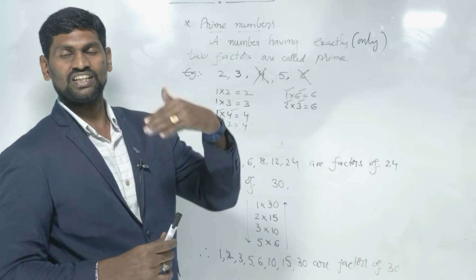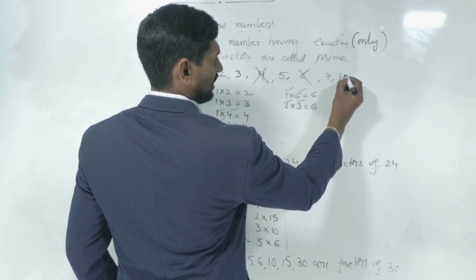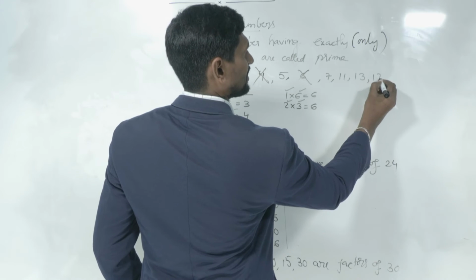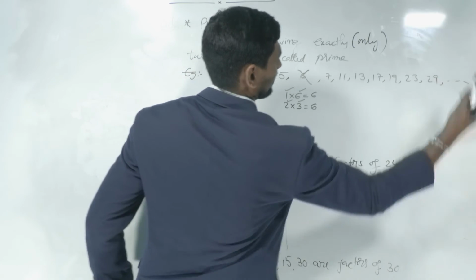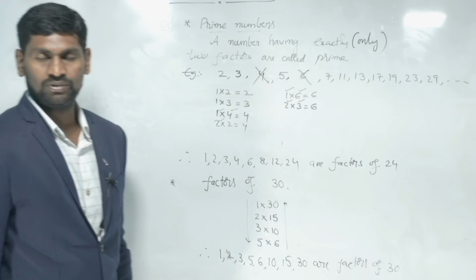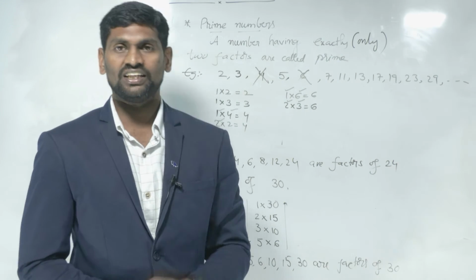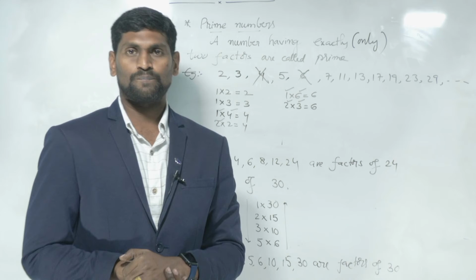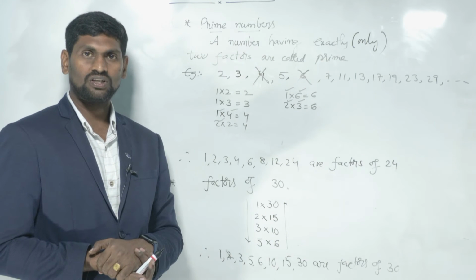Okay, now you can check remaining numbers like that. 7 is a prime number, 11, 13, 17, 19, 23, 29, like that. These are all prime numbers because they have exactly two factors. Okay?